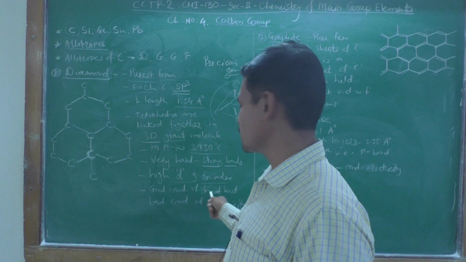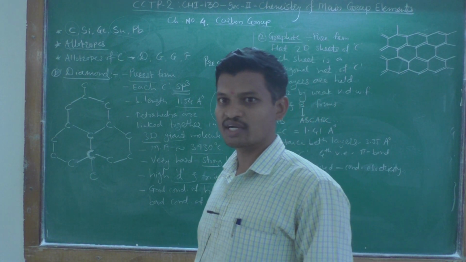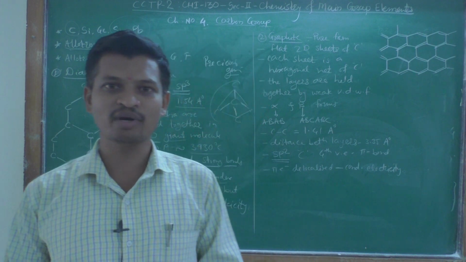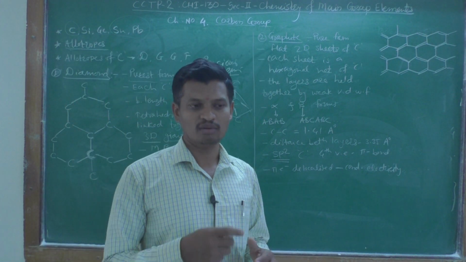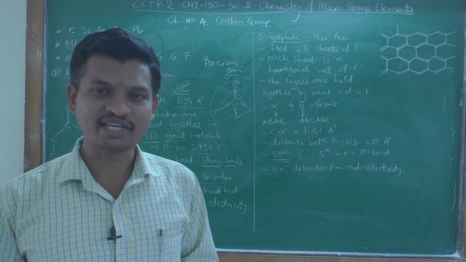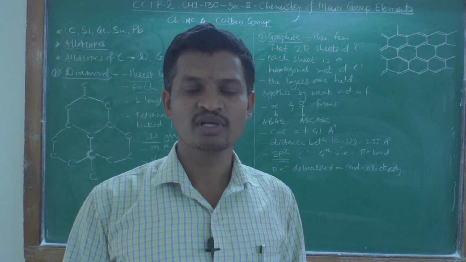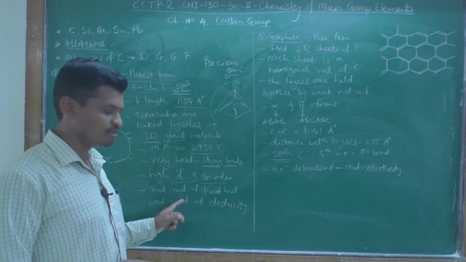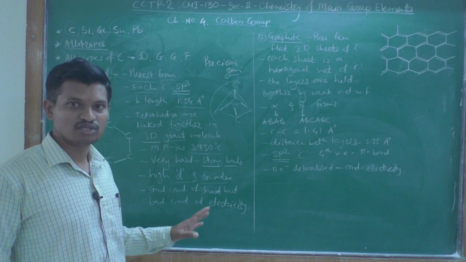Then it is a good conductor of heat, but a bad conductor of electricity. Diamond does not transmit electricity, but it transfers heat. Heat is conducted, but electricity is not conducted.